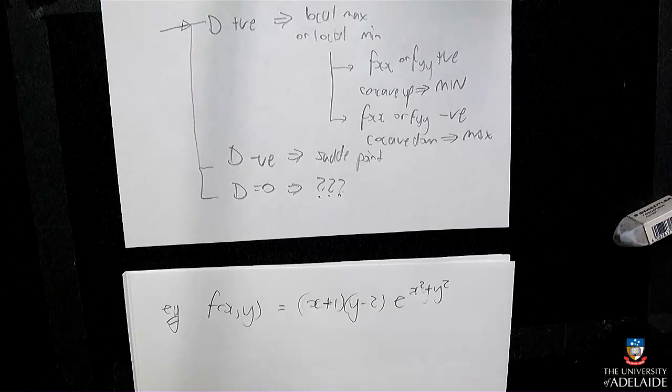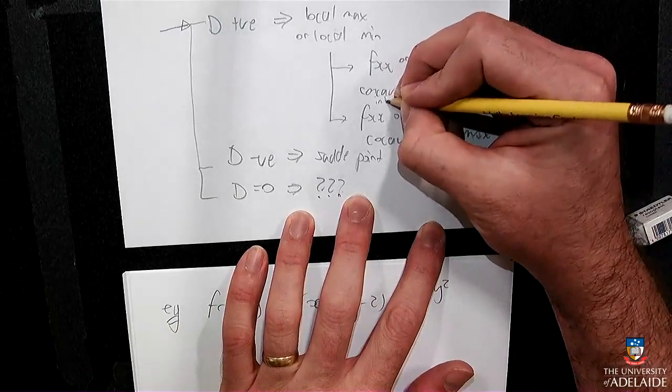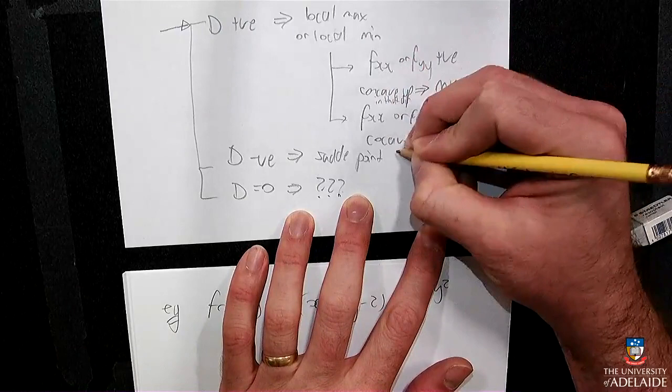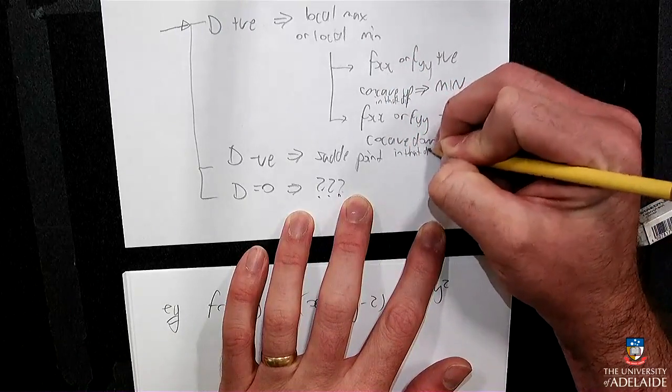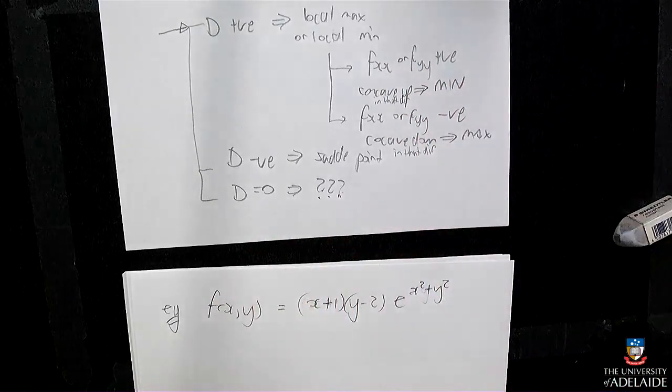So when I say concave up, I mean it's concave up in that direction. Okay. Does that help? Yes. Okay, good. So yeah, if one of them's positive and one of them's negative, it's guaranteed to be a saddle point no matter what.